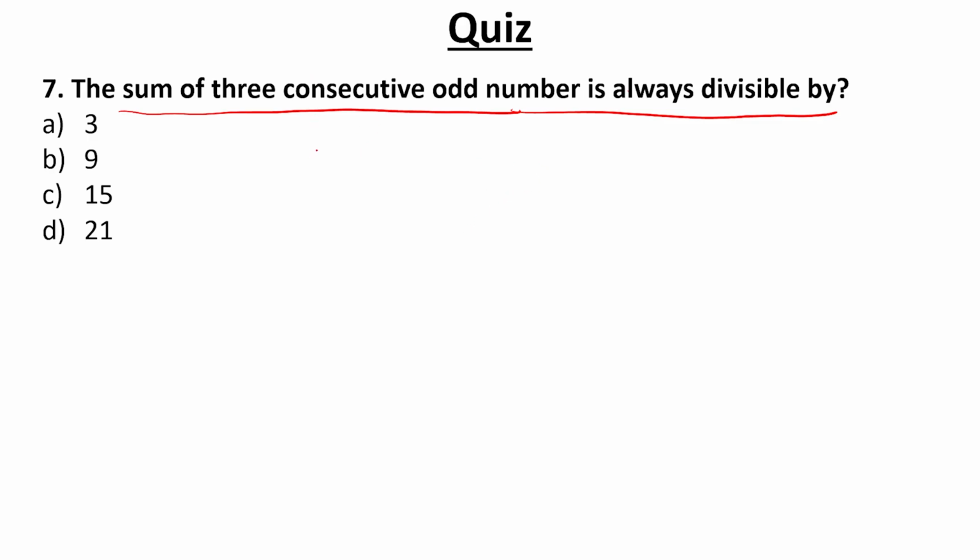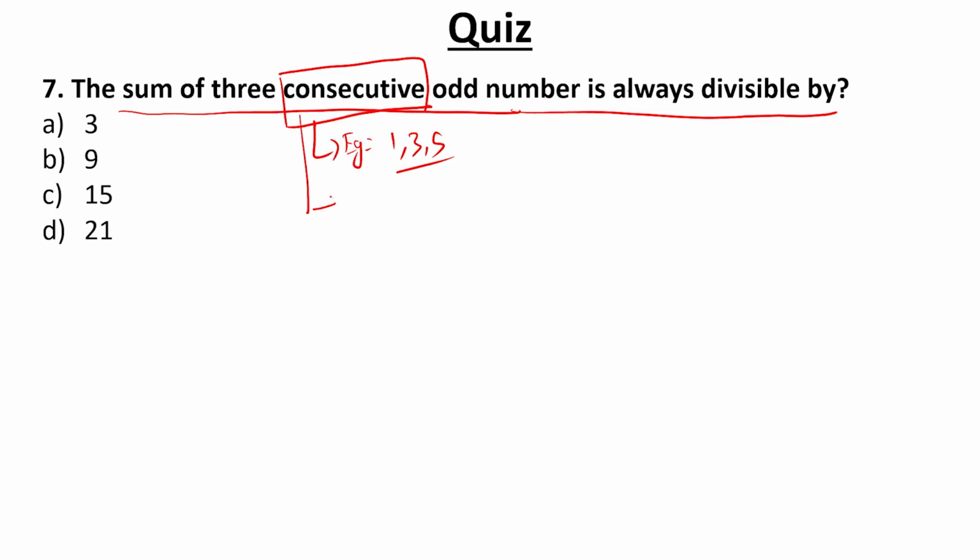And now let's take 3 consecutive odd numbers. Here you must remember this word. It is asking consecutive odd numbers. That means side by side odd numbers. Let me give an example: 1, 3, 5. These are side by side odd numbers.